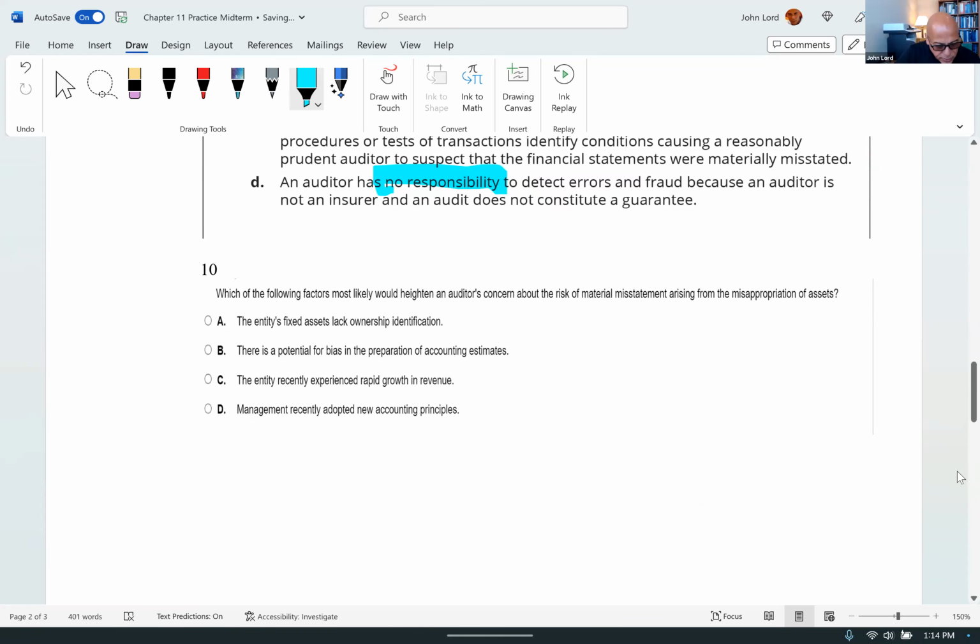Which of the following factors most likely would heighten the auditor's concern about the risk of material misstatement from misappropriation of assets, okay? The entity's fixed assets lack ownership identification. If you're not putting something on a fixed asset that shows that it belongs, one of those little plates that gives you the asset's identification number and whatnot, that sounds like a control weakness to me.